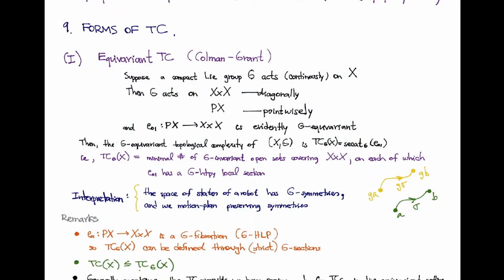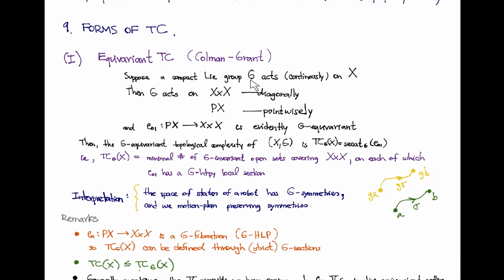Okay, so let me first talk about equivariant topological complexity, which was introduced by Colman and Grant. And here the idea is that you have, again, your fibration, the double evaluation map, but now suppose you have a Lie group, a compact Lie group, acting. The group could be not so specific, but at least the action is nice enough.